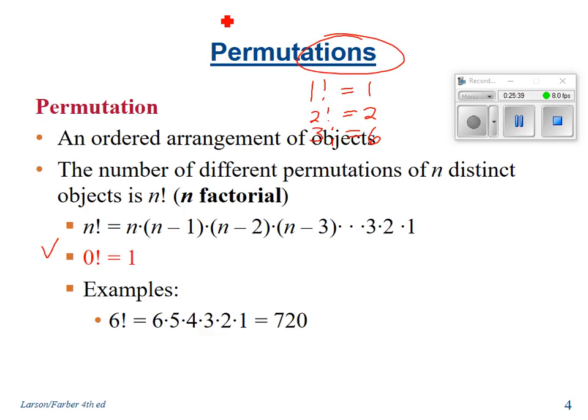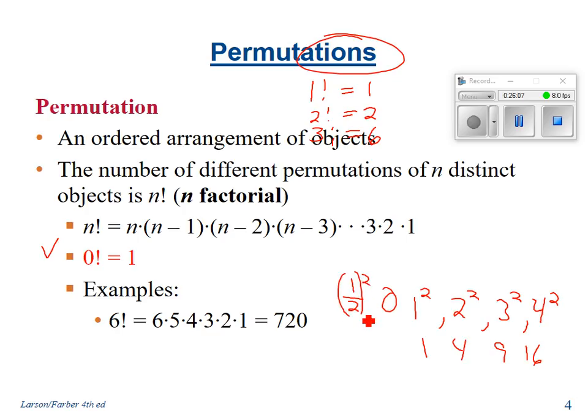The one pattern that you've probably seen in Algebra 2 or someplace like that is if I did something like this. 1 squared, 2 squared, 3 squared, 4 squared. 1 squared is 1, 2 squared is 4, 3 squared is 9, 16. Now if I went backwards to 0 squared, that is 0, right?